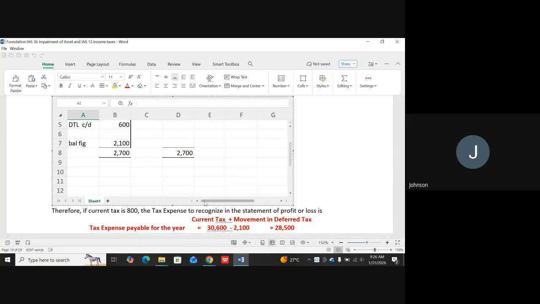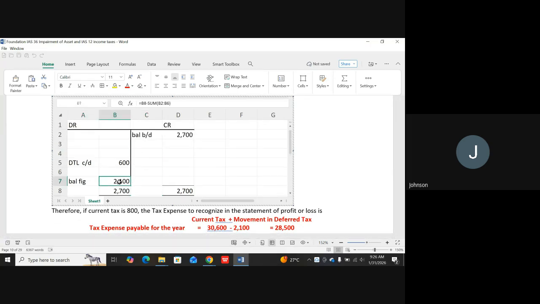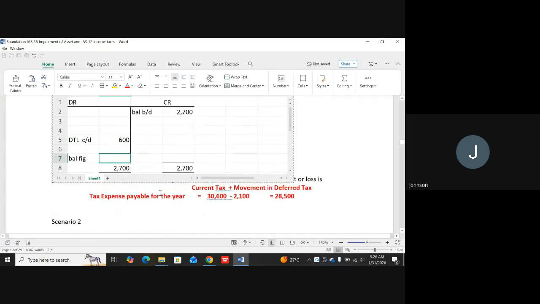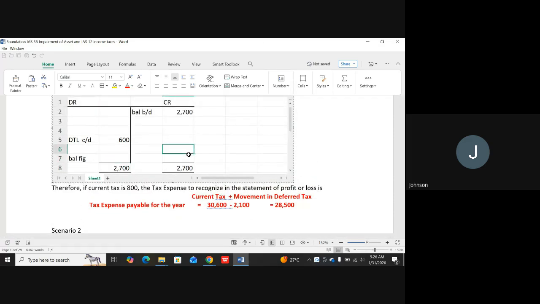Okay, so this is it. At first, when you carry it to the other side, this is what your account looks like. It's showing us that we only have 2,700 in the whole of this credit side. We also have only 600 in the whole of this debit side.